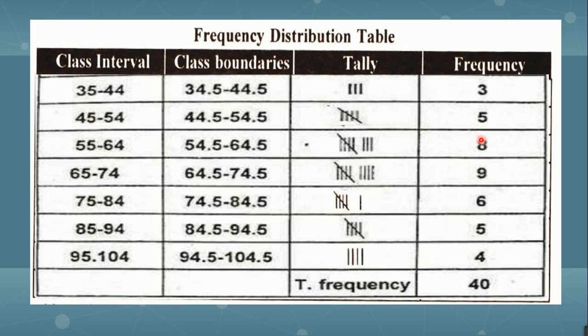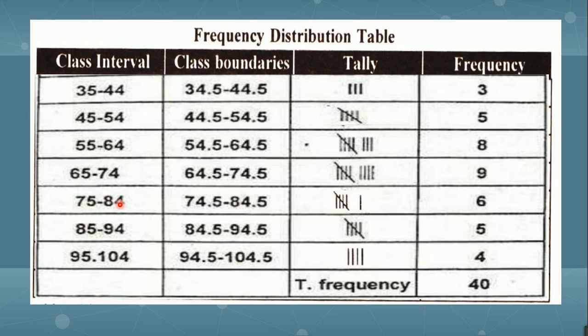And similarly we will check how many numbers from 55 to 64. There are 8 numbers, so its frequency is 8. And then we will see the numbers from 65 to 74 from the given data. There are 9 numbers, so this class interval has frequency 9.